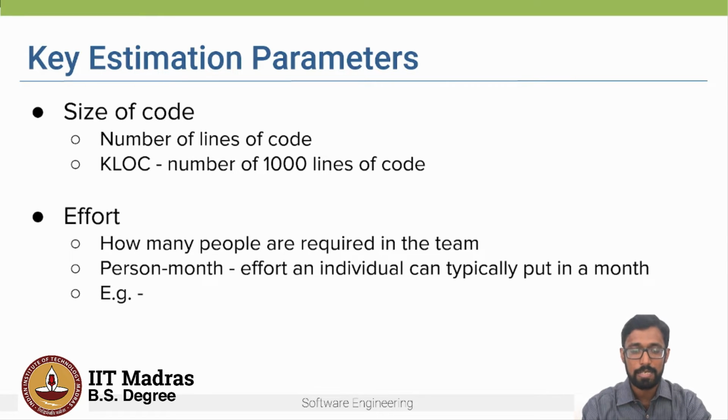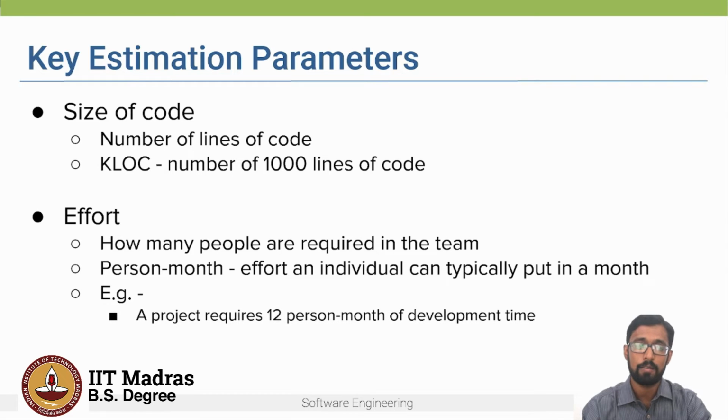Let's take an example. Let's say a project requires 12 person-months of development time. Let's assume that we have estimated this quantity. We will see how we can do this estimation, but let's say we have an estimate that this project requires 12 person-months of development time.